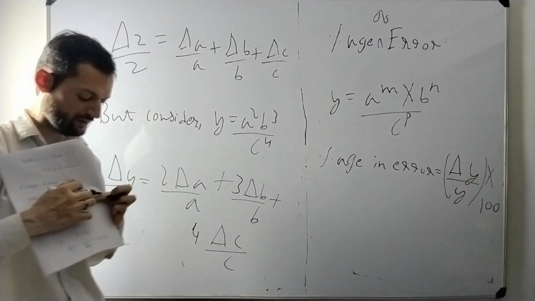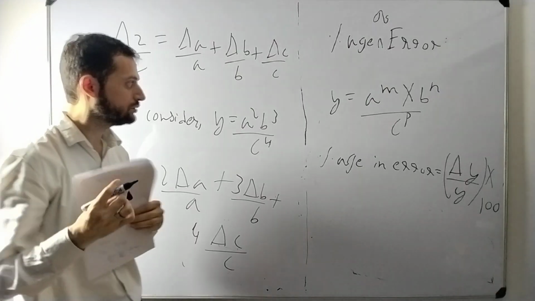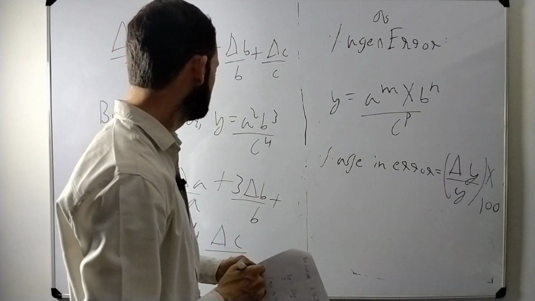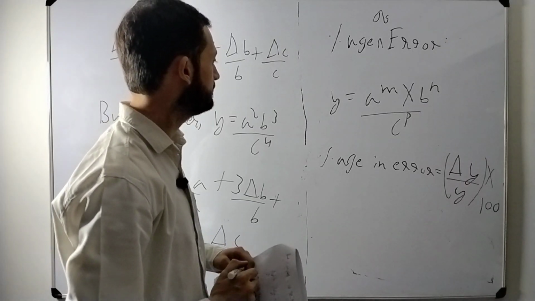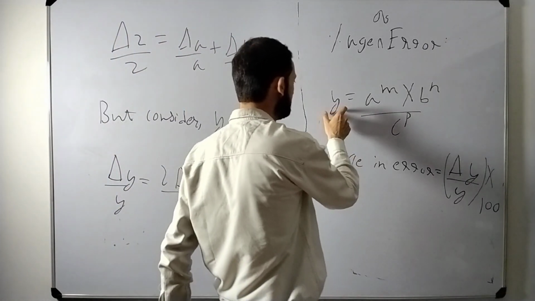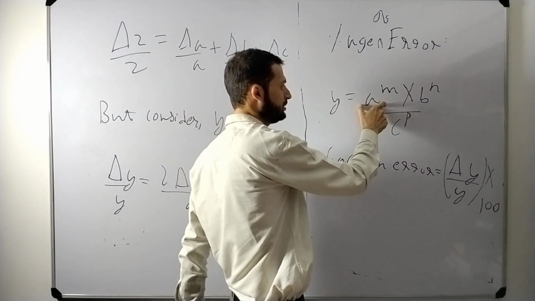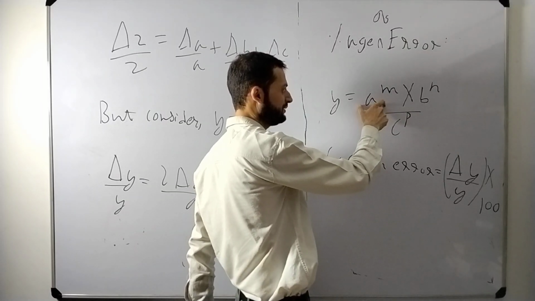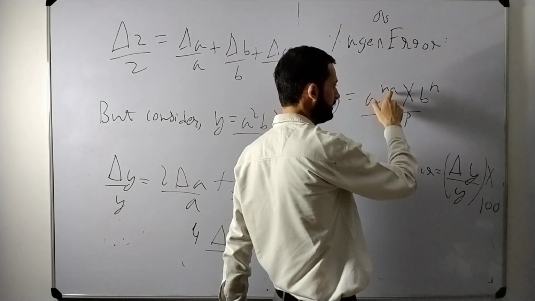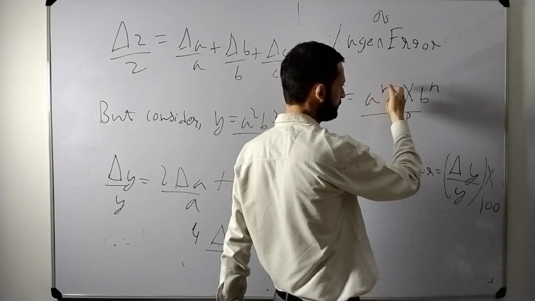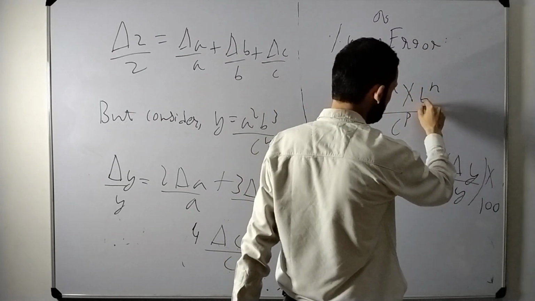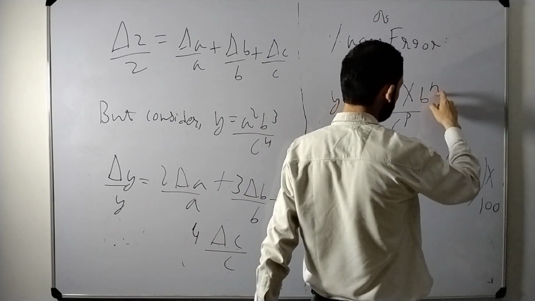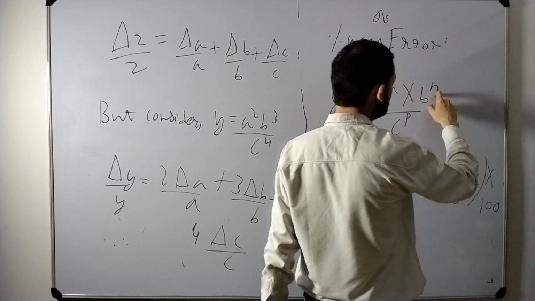So could you explain this part? You wrote percentage error, you wrote an equation. How will we get this? So suppose you have a quantity y, and it is equal to what? A^m, you have physical quantity A here and it is raised to the power m, suppose 2, 3, and B is another quantity here raised to power n.